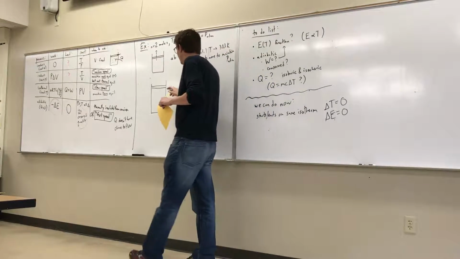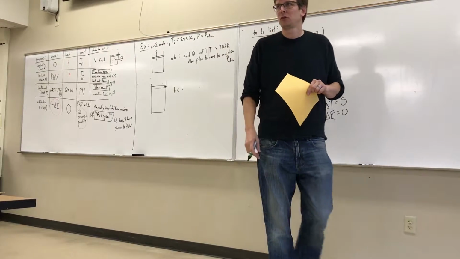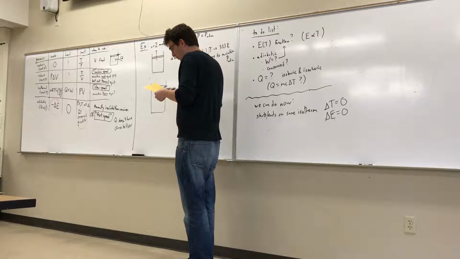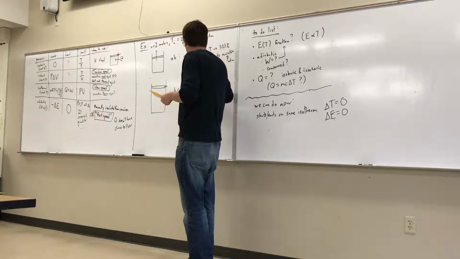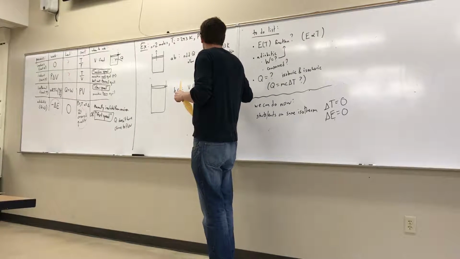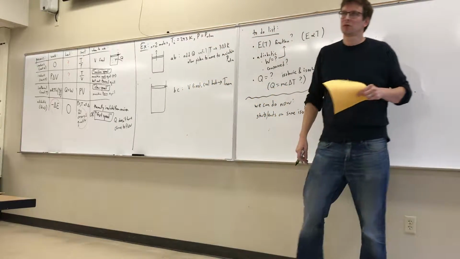I'm going to put a pin in the piston to prevent it from moving for this next step. And then, with the volume fixed, I'm going to let it cool back down to room temp, that initial 293 Kelvin.